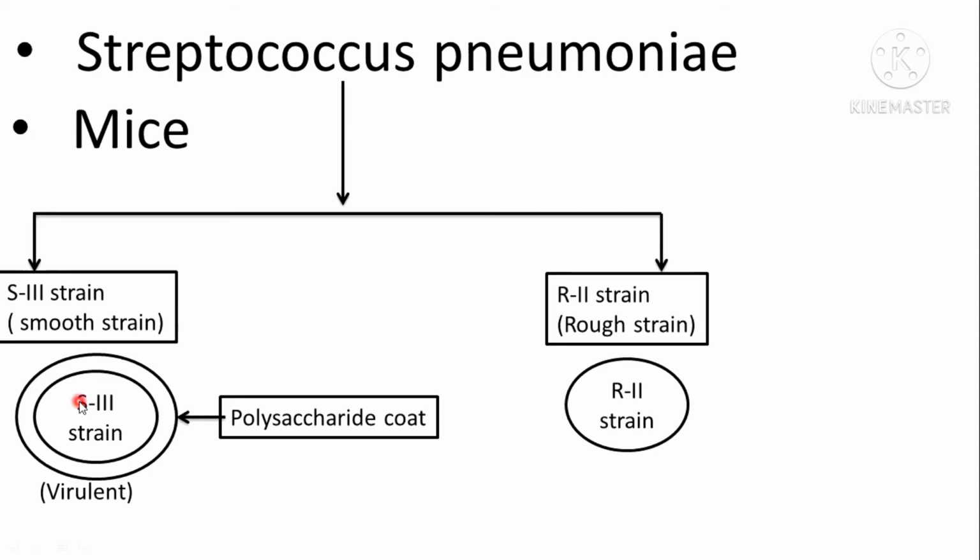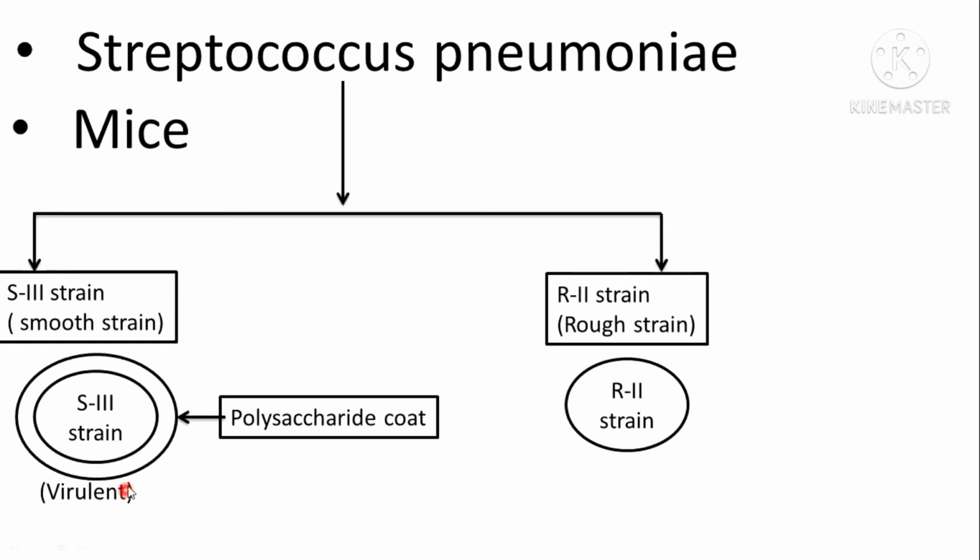Because I told you this S strain forms a polysaccharide coat, and this polysaccharide coat is the reason for virulence. So the mice immune system will not be able to destroy this coating, and as this coating is virulent, it will infect mice and cause pneumonia, which will lead to death.